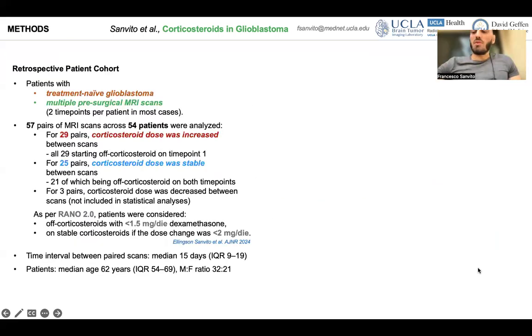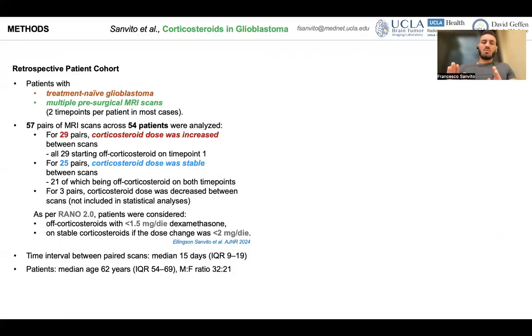So what we did is that we retrospectively looked at treatment-naive glioblastoma with multiple pre-surgical scans, typically 2 in most of the cases, and we divided pairs of scans where corticosteroid dose was increased and cases where the corticosteroid dose was maintained stable.